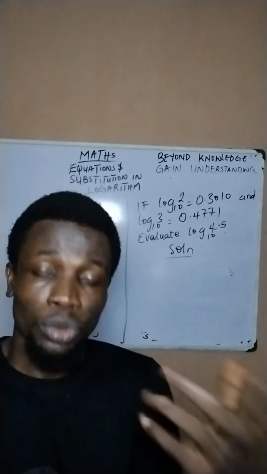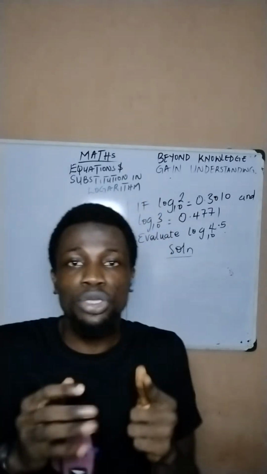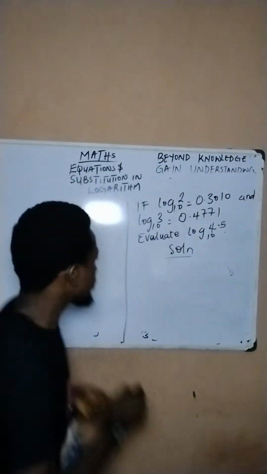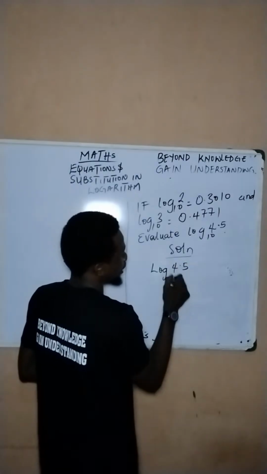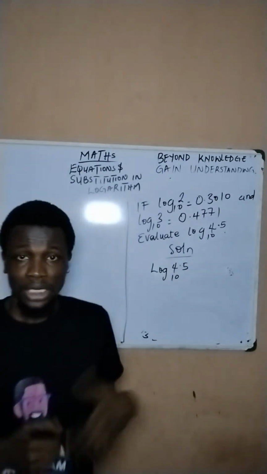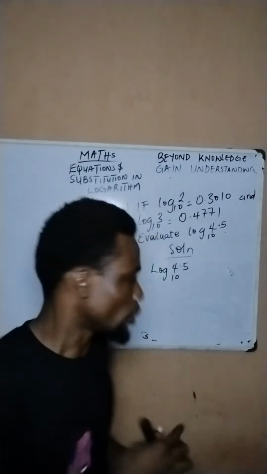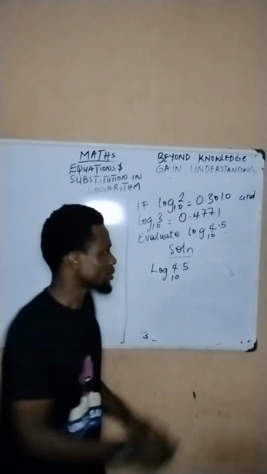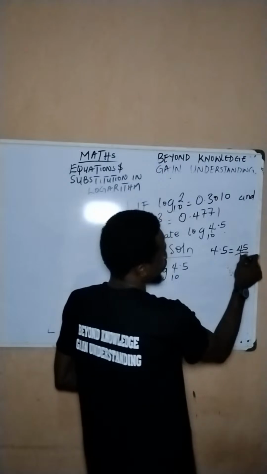So what can we do? Remember, the key idea is anytime you're seeing a substitution problem, first thing you need to do is to work backward, especially with respect to logarithm. So the log that we are given is log 4.5 base 10. We have to work backward. How can we work backward? We know that this 4.5, if I change it to a fraction, is the same thing as 45 over 10.